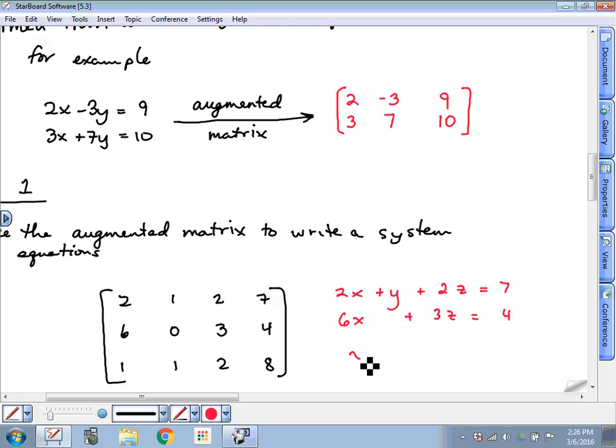And the bottom row represents the equation x plus y plus 2z equals 8. So as far as augmented matrices are concerned, that's, at this point, all that you really need to do with them: go back and forth between a system of equations and an augmented matrix.